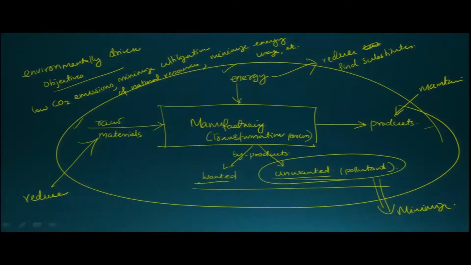Wanted raw materials we will say recycle or reuse. All these things put together make you move towards sustainable or green manufacturing. In this course, we will use the terms sustainable and green manufacturing interchangeably because it is necessary for us to understand it that way.